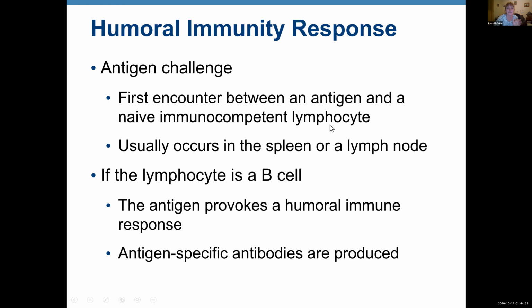So they sit there inside a lymph node, and then if your body has some antigen, those antigens move through the lymph into this lymph node, and we have the first encounter between lymphocytes and antigen, the antigen challenge. This usually occurs in a lymph node or in the spleen. Now, if this lymphocyte is a B cell, then it will provoke a humoral response, and your body will produce antibodies.